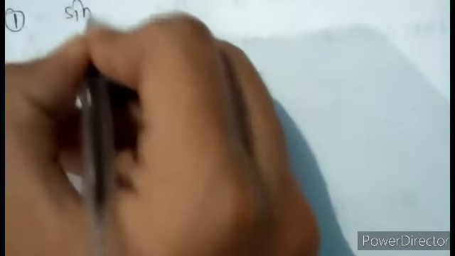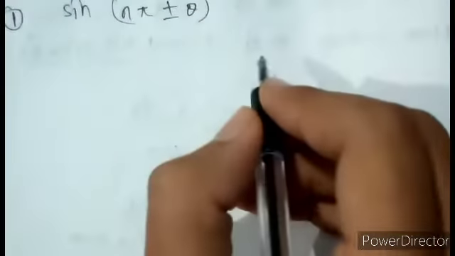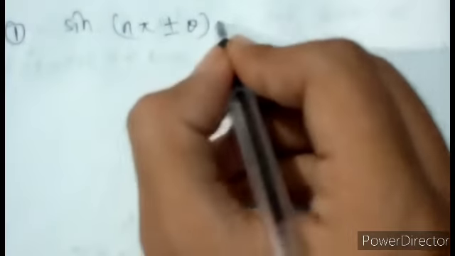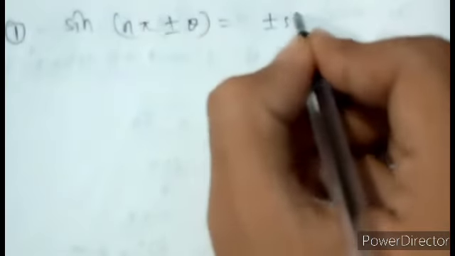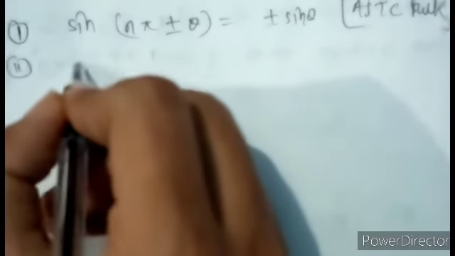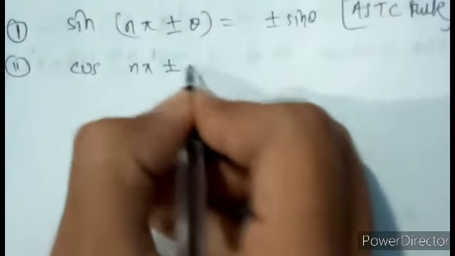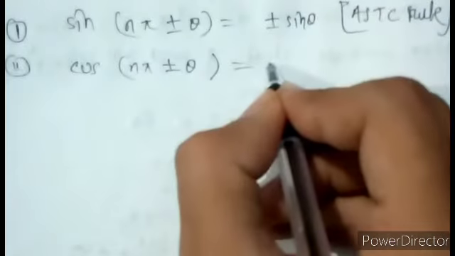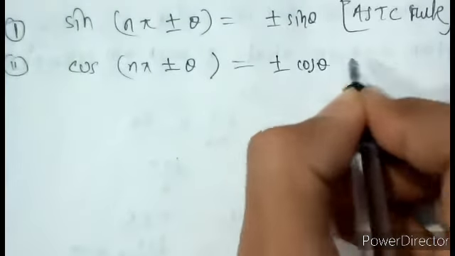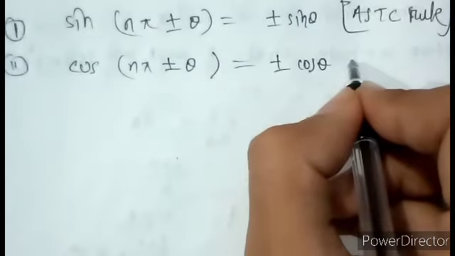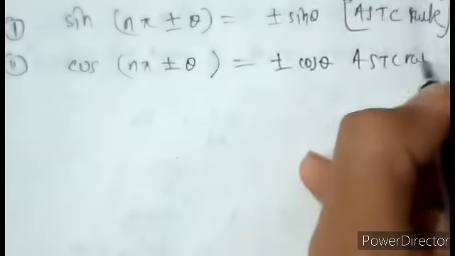Similarly, these are the formulas: sin of n pi plus or minus theta is equal to plus or minus sin theta according to the ASTC rule. Then the second formula: cos of n pi plus or minus theta is also equal to plus or minus cos theta, according to the ASTC rule.